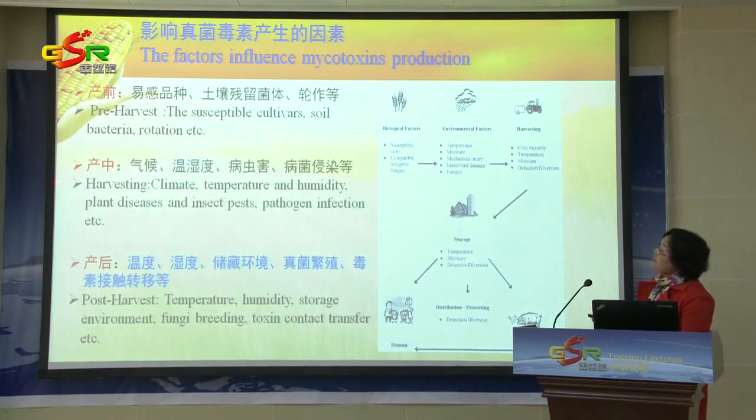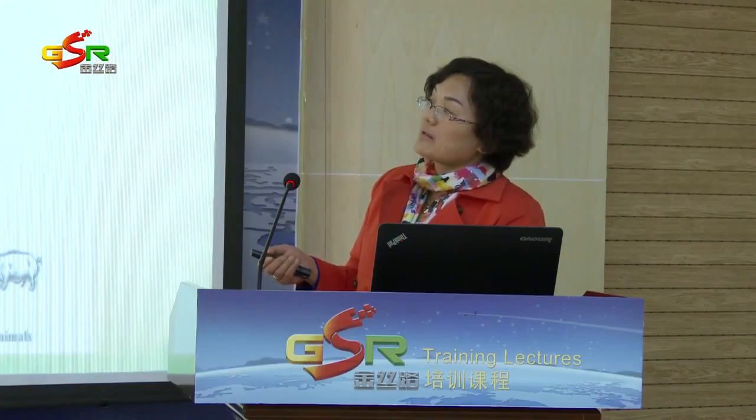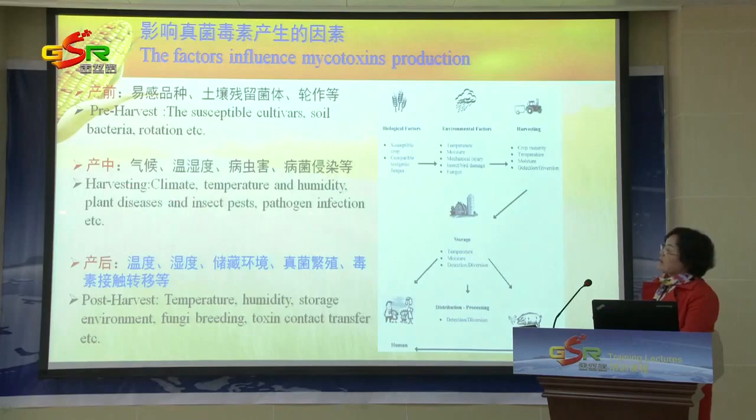At harvesting, there are climate, temperature, and humidity, plant disease and insect pests, pathogen infection, etc. Environmental factors include temperature, moisture, mechanical injuries, insect and bird damage, and fungi. At harvesting, there are also crop materials, temperature, moisture, detection, and deposition.